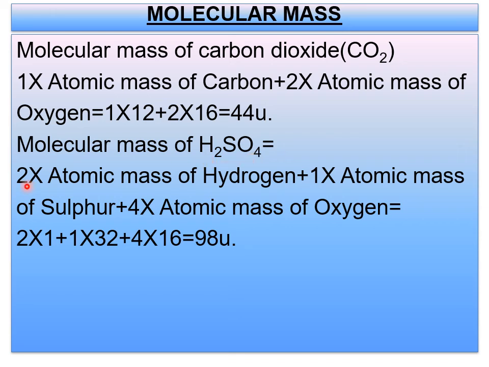So 2 into atomic mass of hydrogen, 1 into atomic mass of sulfur and 4 into atomic mass of oxygen. 2 into 1, 1 into 32, 4 into 16. So 2 plus 32 plus 64 gives you 98 U. In this way you calculate the molecular mass of different compounds or substances.